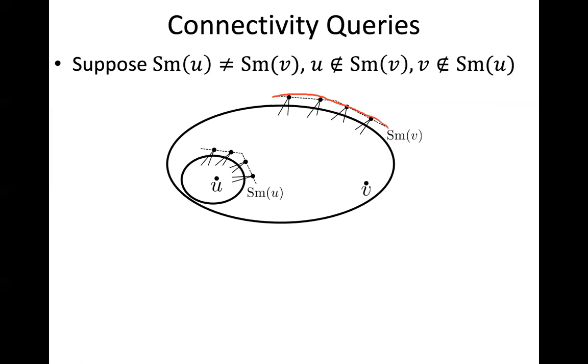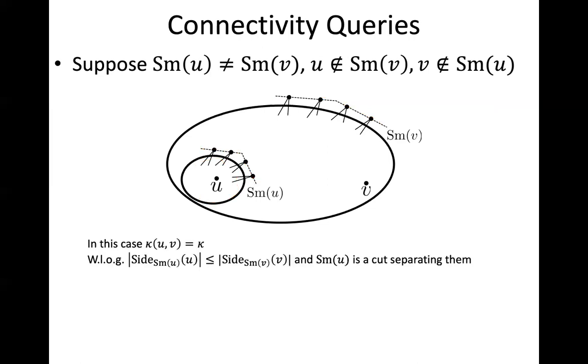And inside of this is U's side and small u here. So if V does not appear in U's small cut and U does not appear in V's small cut, then we'll just figure out which side is smaller. In this case, U's side is a subset of V's side, so it's smaller. And small u is the cut separating U and V.